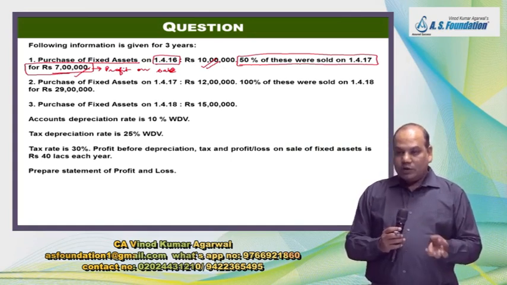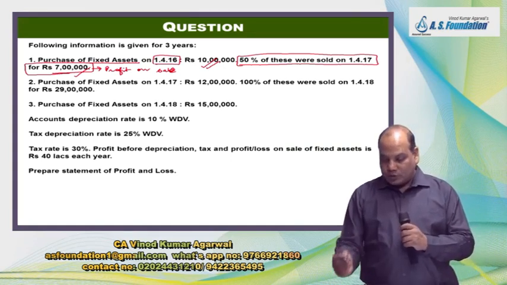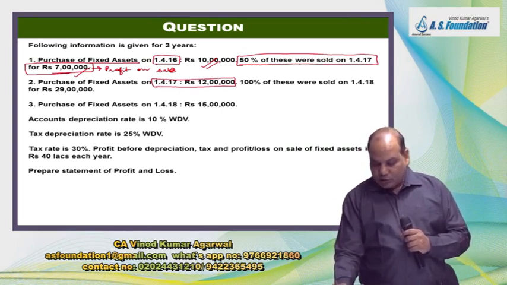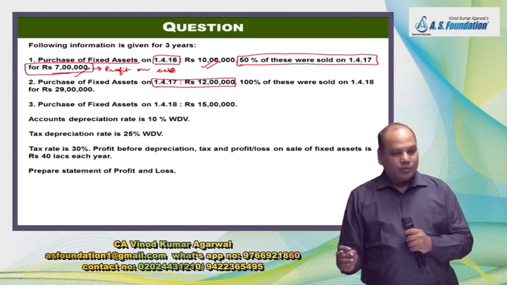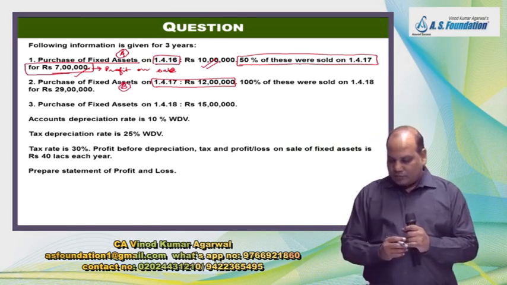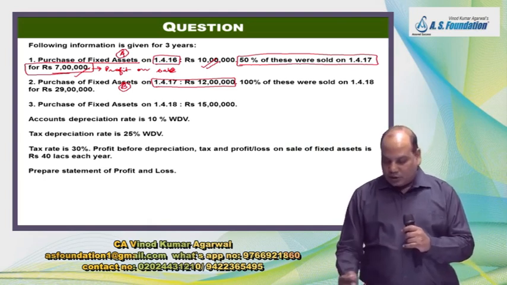Then purchase of fixed asset on 1/4/17, one more purchase for 12 lakh. It means in year 2 I have two assets to be depreciated. This I will call asset number A, asset number B. 100% of these assets were sold on 1/4/18 for 29 lakh.